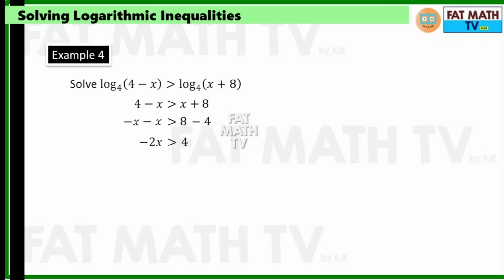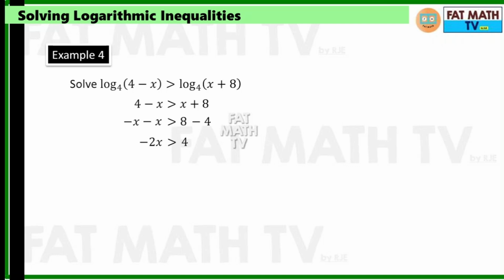If we multiply or divide both sides of an inequality by a negative number, we should reverse the inequality symbol. That is the multiplication property of inequality. If you're dividing by a positive number, you don't change the inequality symbol. But if you multiply or divide by a negative number, you have to reverse the inequality symbol.